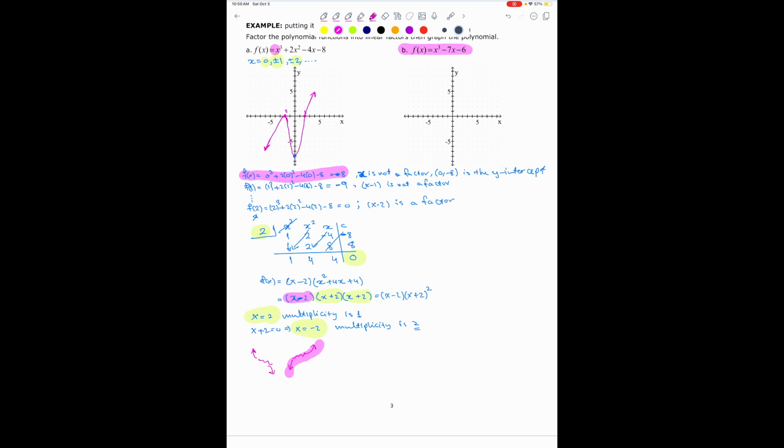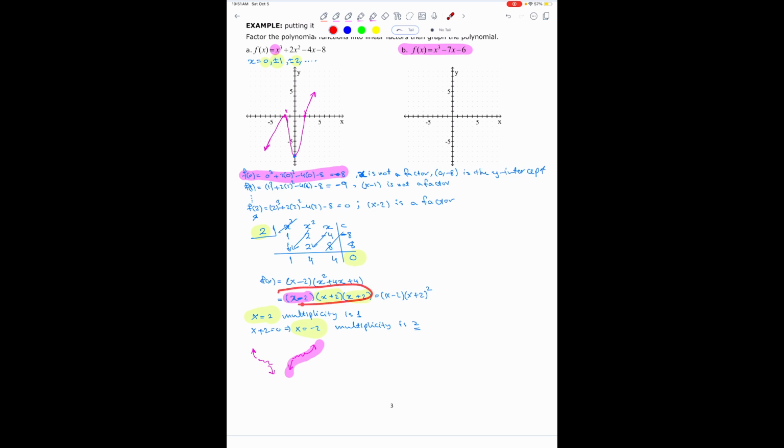The same way I did this problem, you're going to first find the factor or the 0, which in my case was 2. Use that to verify with synthetic division that you actually have a factor, and then, using the synthetic division, write the polynomial as the quotient times the divisor.